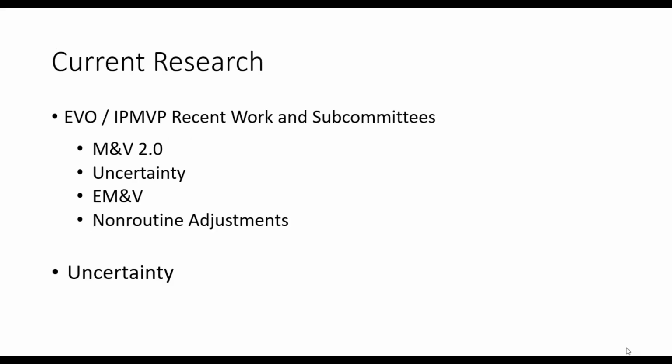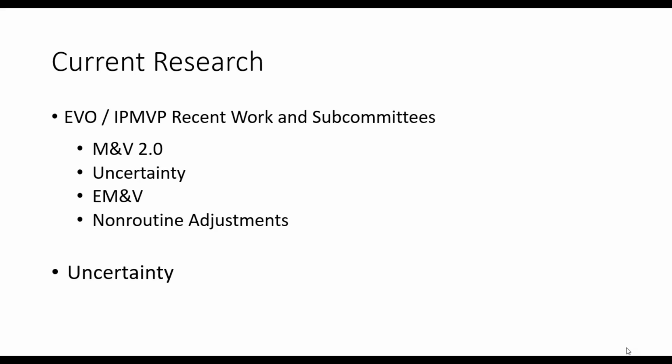Yeah, just really quickly, I wanted to mention on this topic that EVO and the IPMVP committee are doing a lot of work around these interval data methods. There's actually a subcommittee on M&V 2.0 that just got merged with the non-routine adjustment subcommittee. Non-routine adjustments has been a topic of concern for IPMVP for a long time, because ESCO contracts need it, and that was the first market for IPMVP, still a major one.